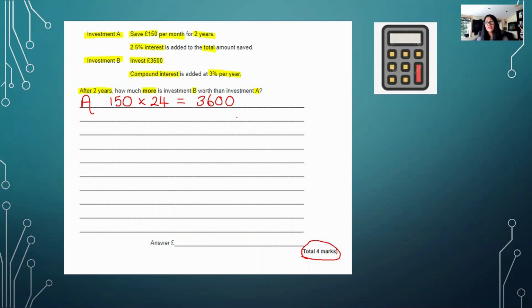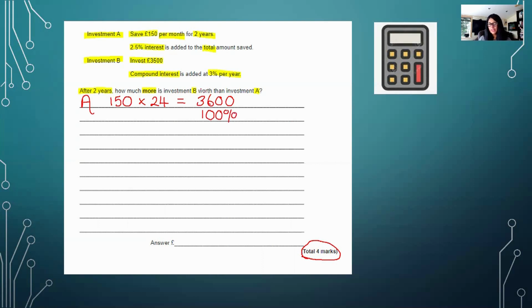Okay, now that's not it. We're going to add on the interest now. So we need to add on 2.5% interest. Now, we could find 1% and 1% and 0.5% and add it on, but it's a calculator paper and I'm not going to waste any time. I'm going to use my calculator. Now, let's say that this is worth 100%.